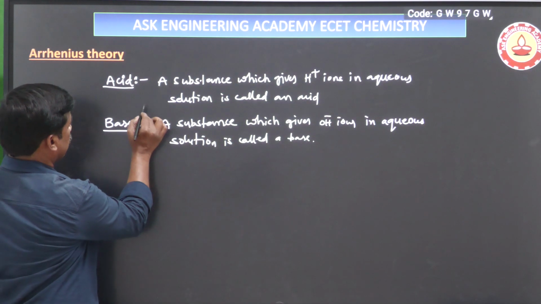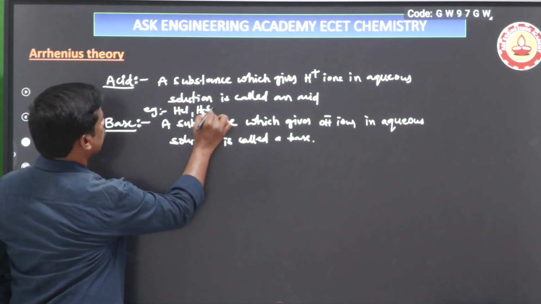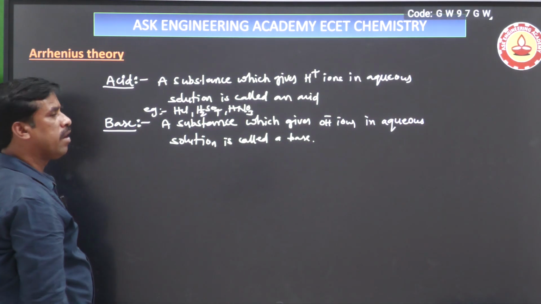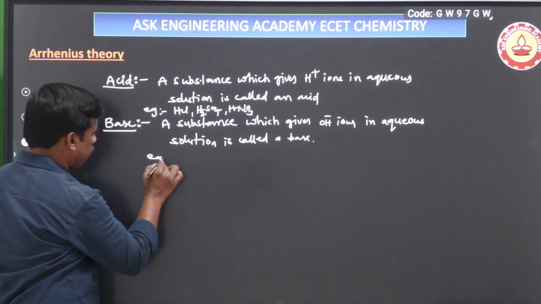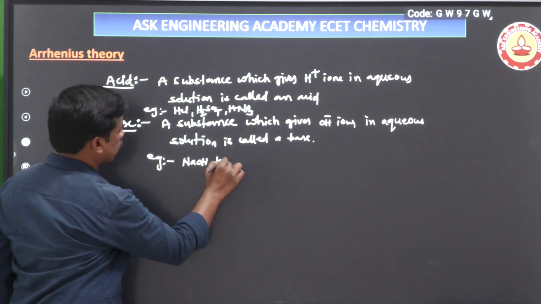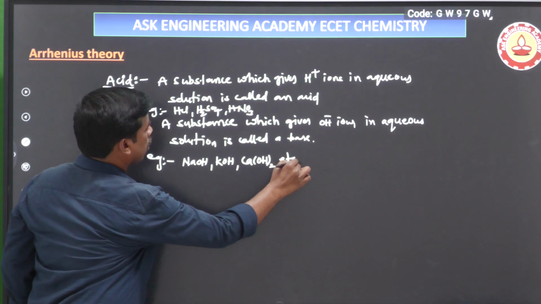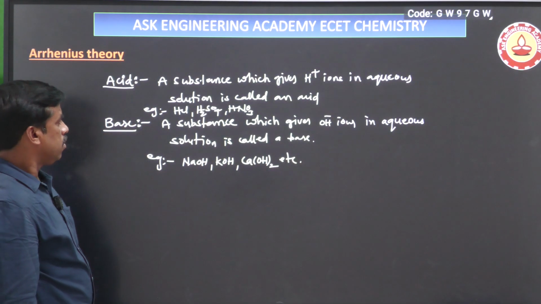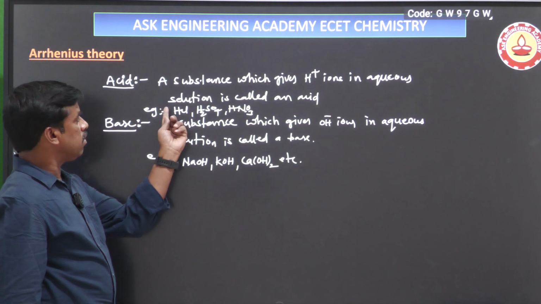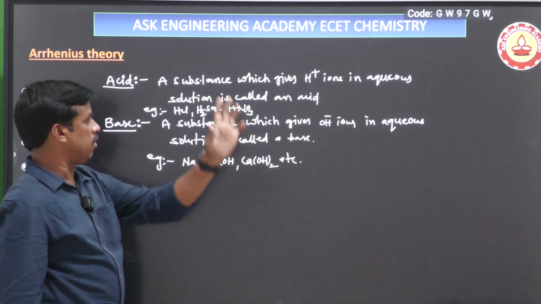Here, what are the examples? Acid examples: hydrochloric acid, H2SO4, HNO3, etc. What are the base examples? Sodium hydroxide, potassium hydroxide, calcium hydroxide, etc. Whenever hydrochloric acid dissolves in water, it gives H plus and Cl minus; H plus is given, so it is treated as an acid.